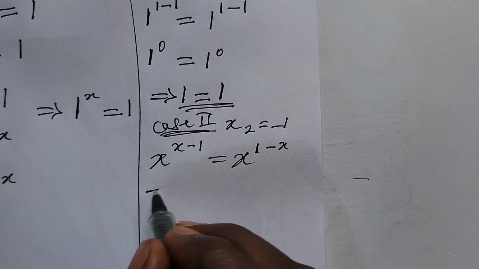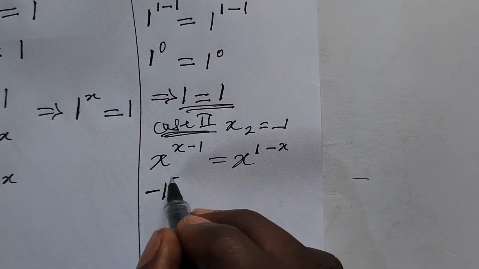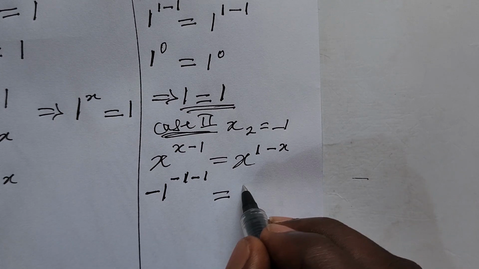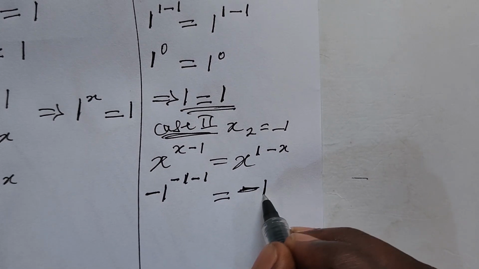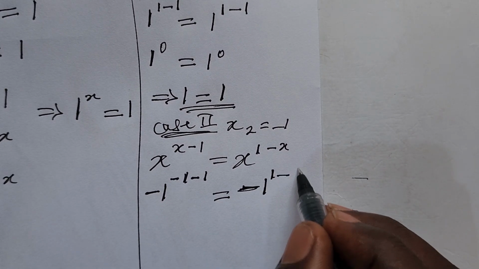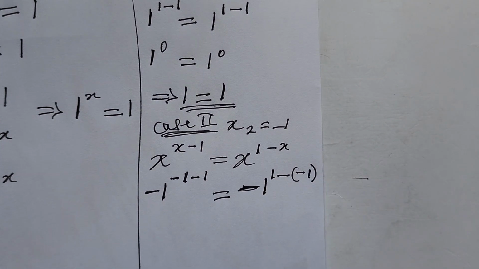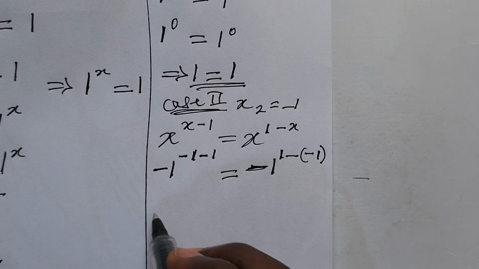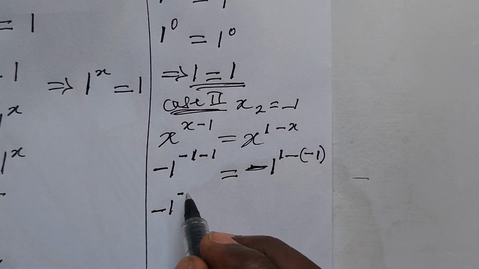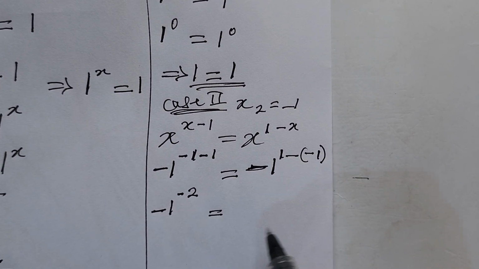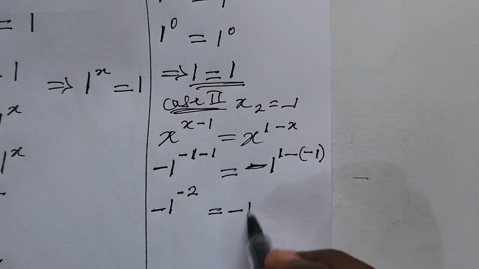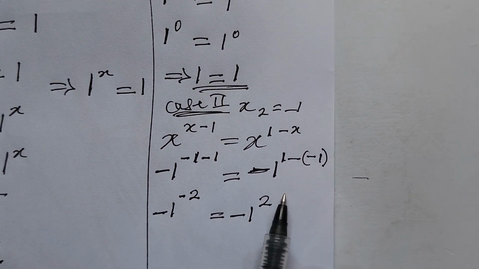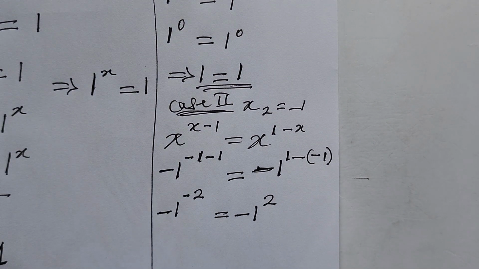So we're going to have minus 1 to the power of minus 1 minus 1 equal to minus 1 to the power of 1 minus 1 here. Right? Good. So this will give us minus 1 to the power of minus 2. This is equal to minus 1 to the power of positive 2, because this will give us plus.